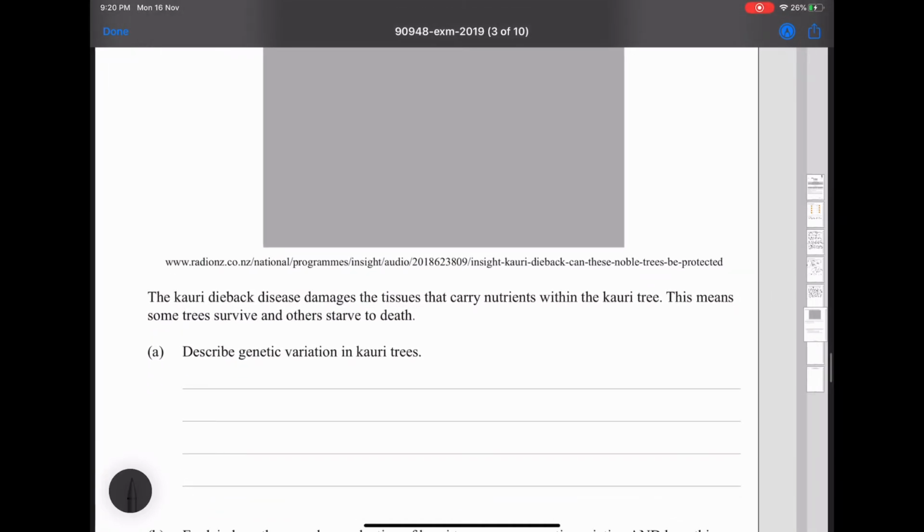So you can write, genetic variation is the differences or variety in DNA.